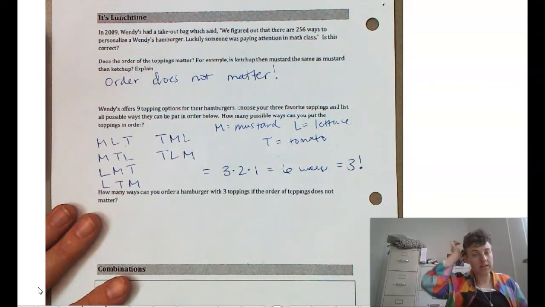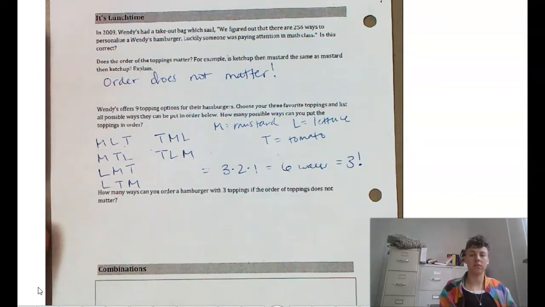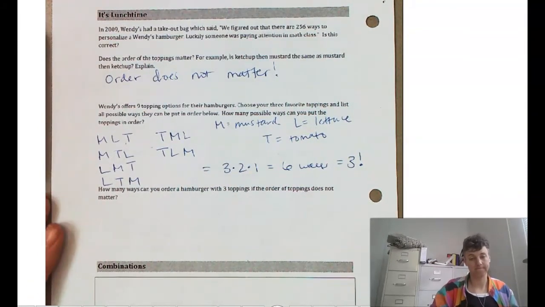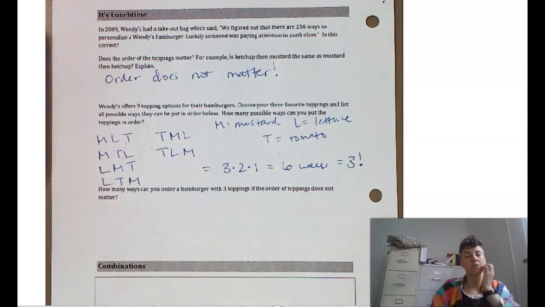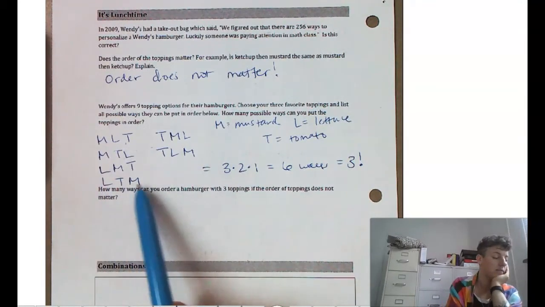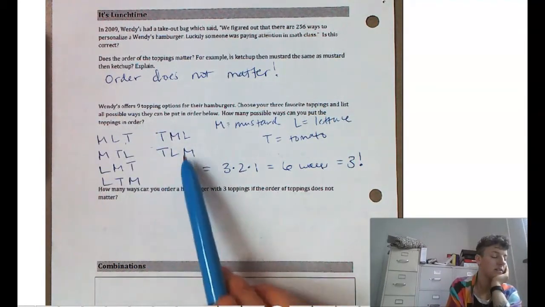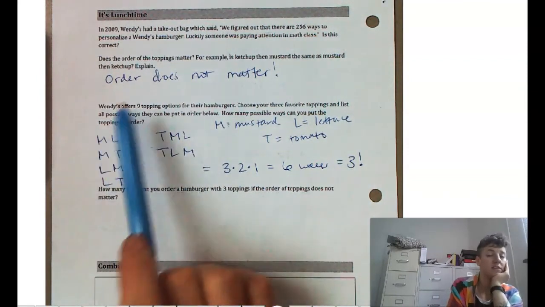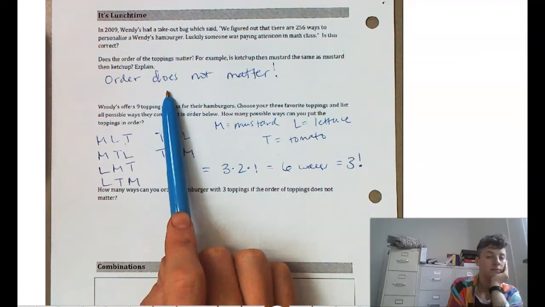So, how many ways can I order a hamburger with those 3 toppings if the order does not matter? Well, let's use our permutation idea and then divide out the repeats. I'm saying this would all be repeats because we said order really doesn't matter.